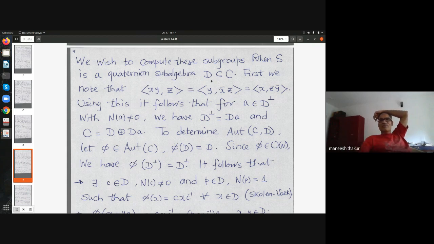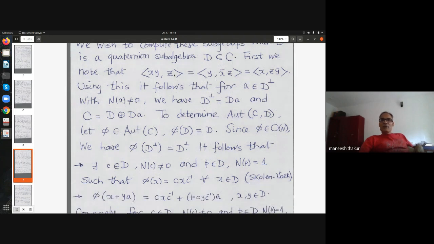There is some associativity property that the bilinear form satisfies, which I have written down here. I am not giving a proof of this. These equations hold, and it will be used right away here.